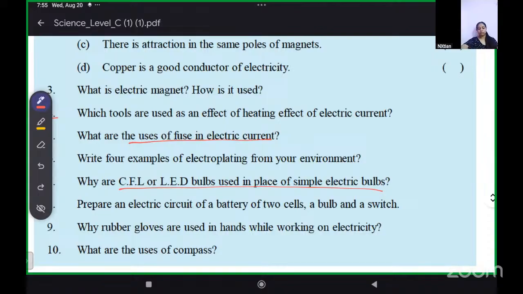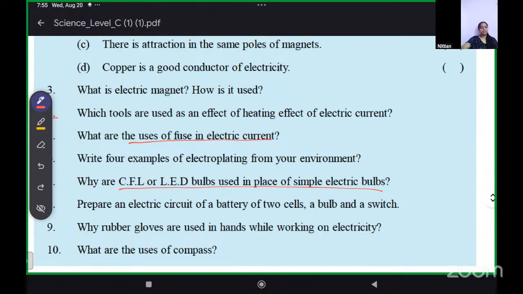Why are rubber gloves used in hands while working on electricity? Ma'am, it prevents electric shocks.